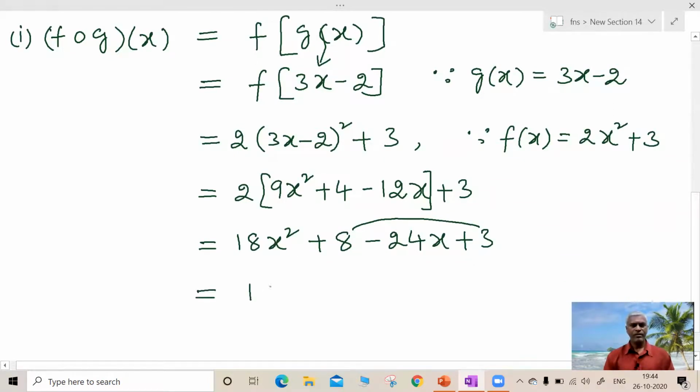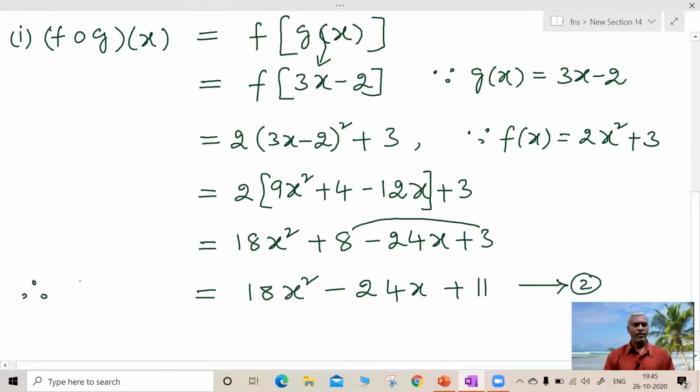Further simplifying, 18x² − 24x + 11. So this is f∘g(x).